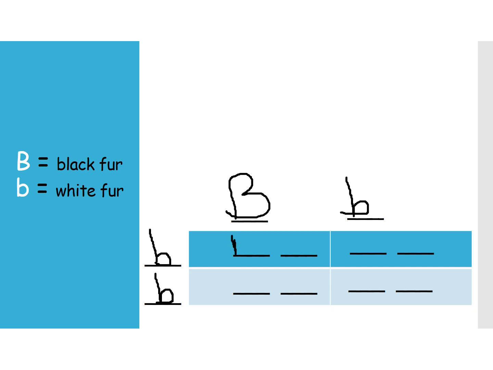Okay. So the center is all the possible genotypes of the offspring. So all you do is combine letters. Always write the dominant trait first, followed by the recessive.